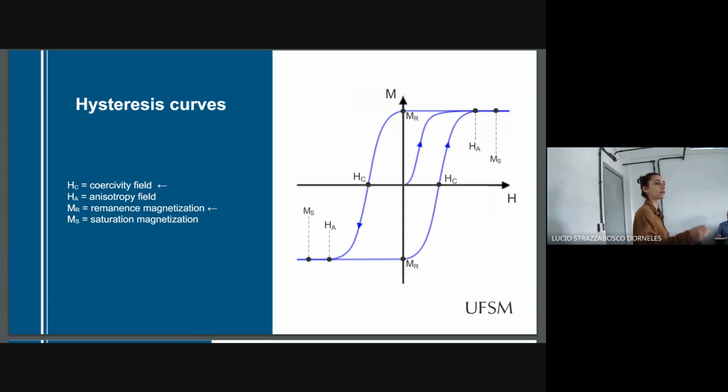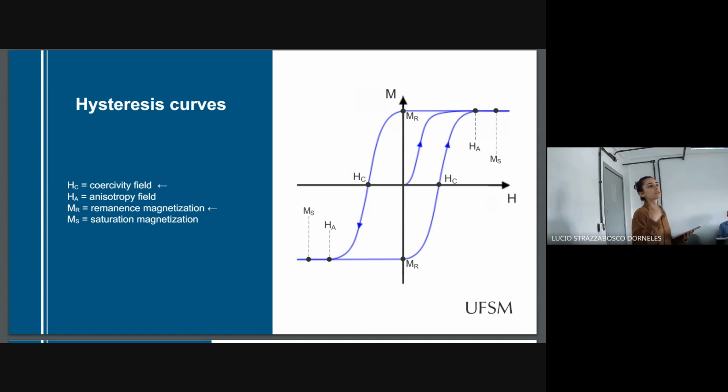So here we have what is supposed to be a hysteresis loop. It has this shape, something like a leaf. And for the characterization, what is important for us is to analyze the coercivity field, represented on the graphic as the HC, and also the remanent magnetization, represented by the MR on the graphic.